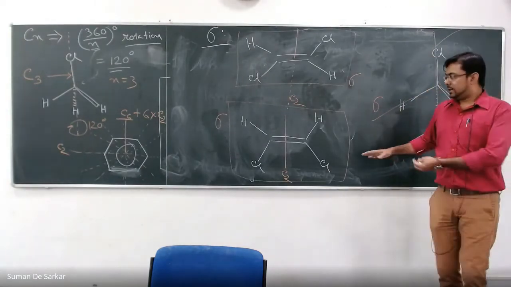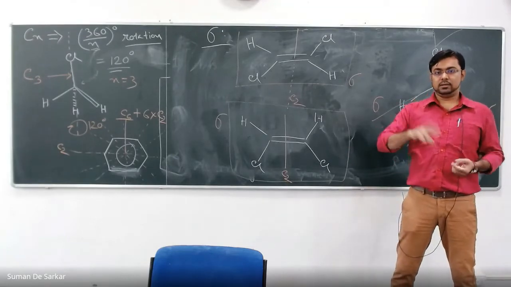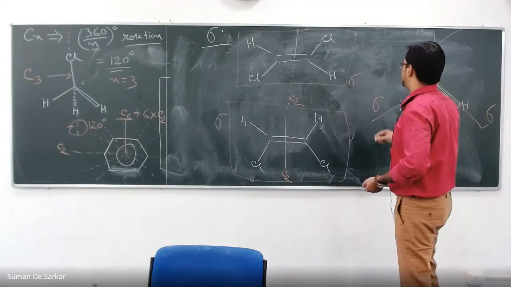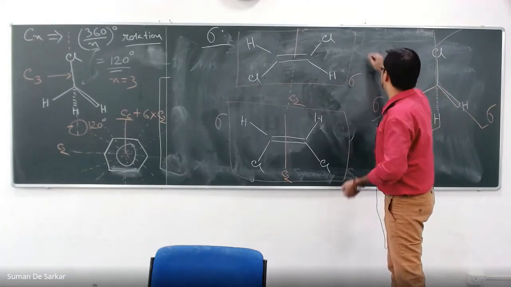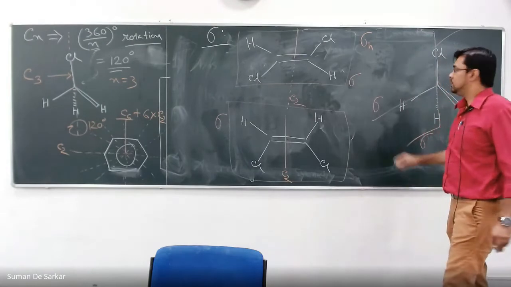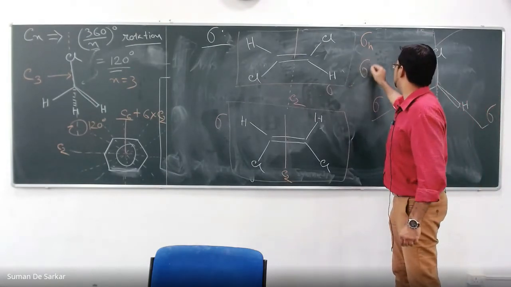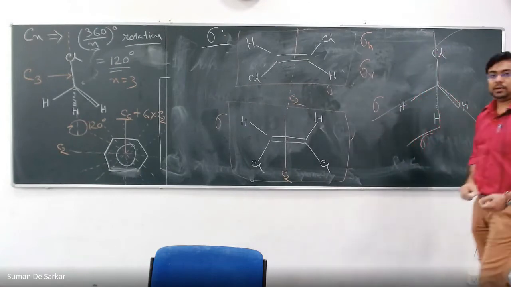Okay, so I started the discussion by saying that there are two kinds of plane of symmetry. One is horizontal, which is designated as sigma h. And there is another one which is vertical, which is designated as sigma v.